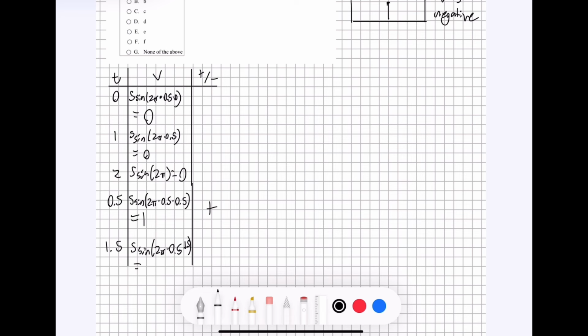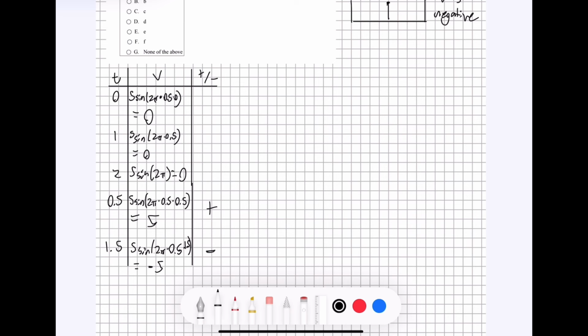And I'm sorry, I forgot to multiply this by 5 over here, because it's 5 sine. Anyway, multiplying 1.5 times pi inside of the sine function, and then multiplying that final answer by 5 is going to give us negative 5. And that is going to be a negative number.